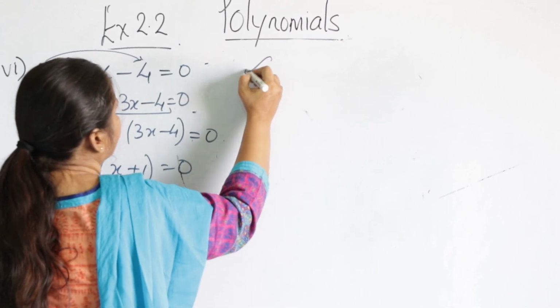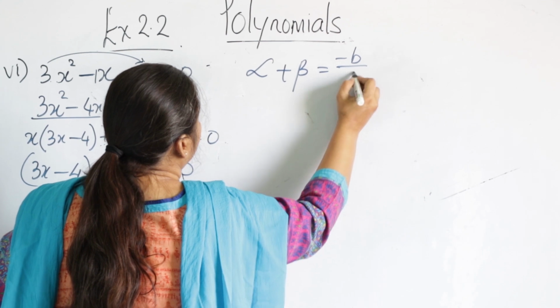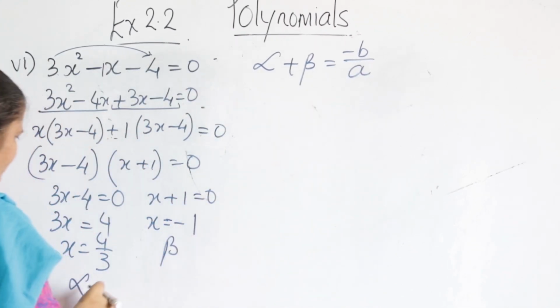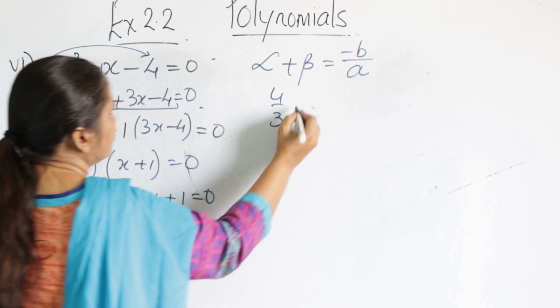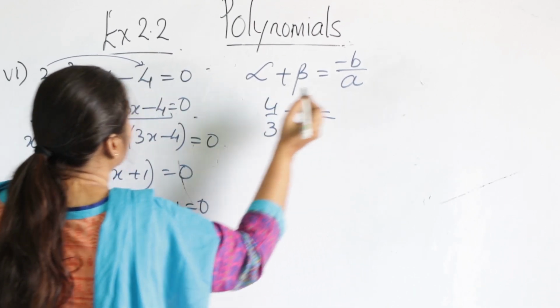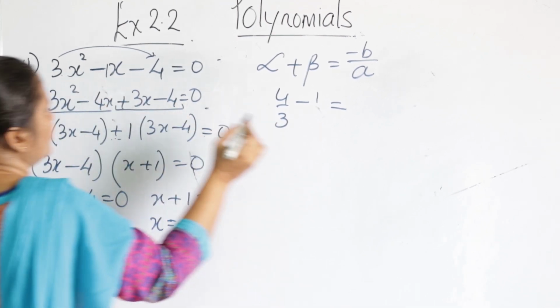Now let us take alpha plus beta, which is minus b by a. What is alpha? 4 by 3. What is beta? Minus 1. What is b for us? Minus 1.